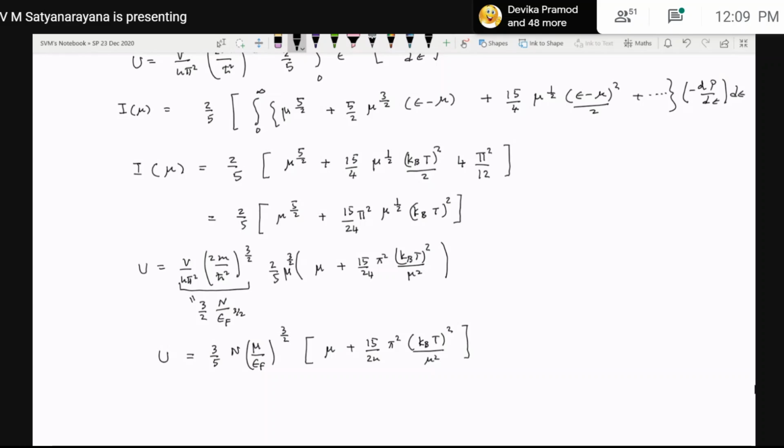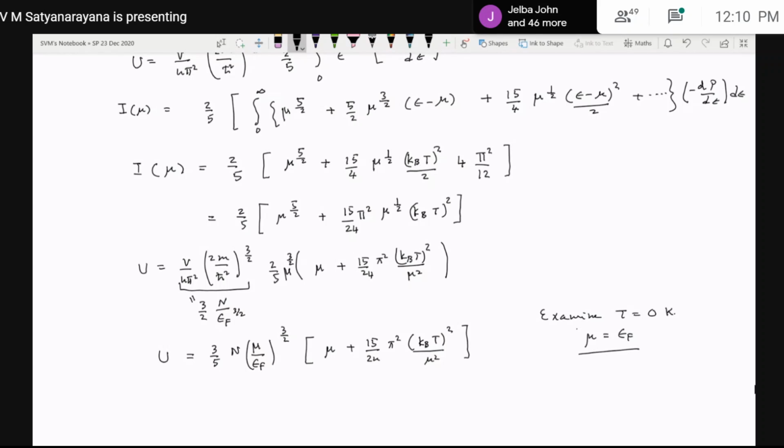Three by five n. Okay, so suppose you are looking at T equal to 0 Kelvin. At T equal to 0 Kelvin, your mu is equal to epsilon f.